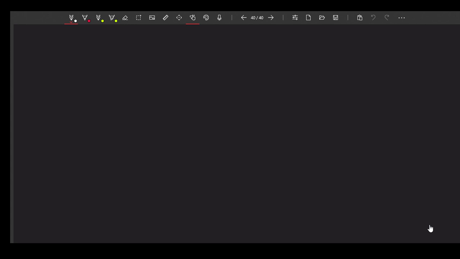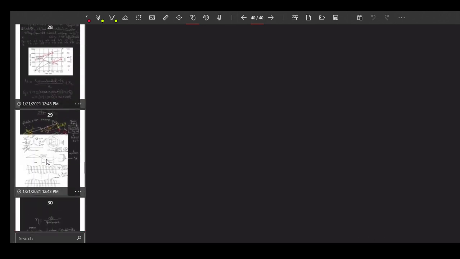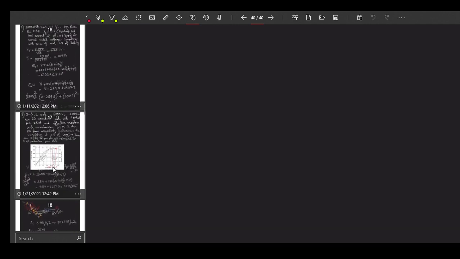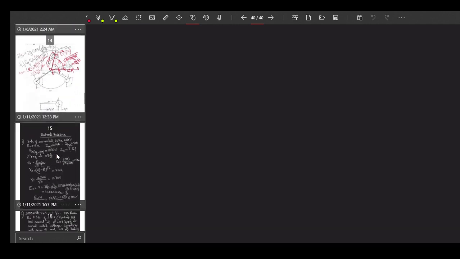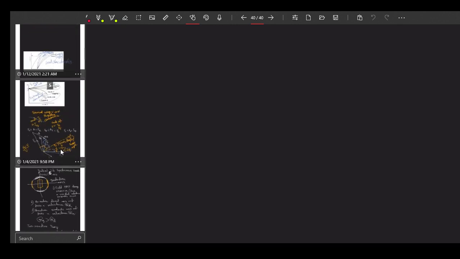But before we start with the ASA method, let me quickly draw a few figures that were there in the ASA method. I think they are present in our previous discussion. Just a minute. I think they are very much there in our previous discussion.